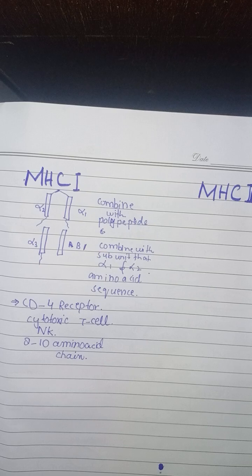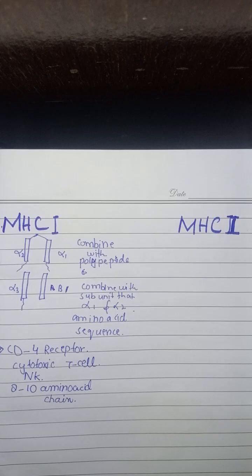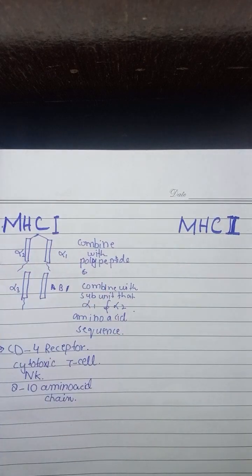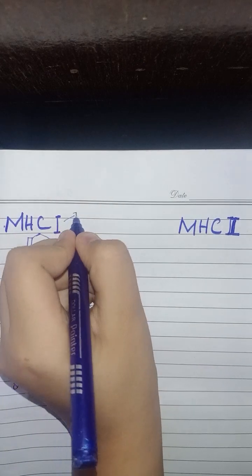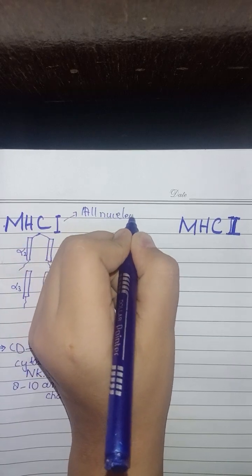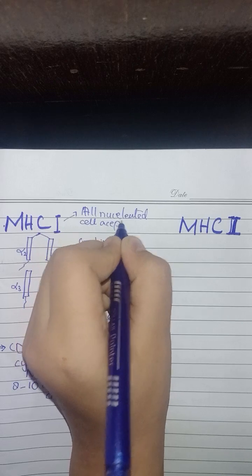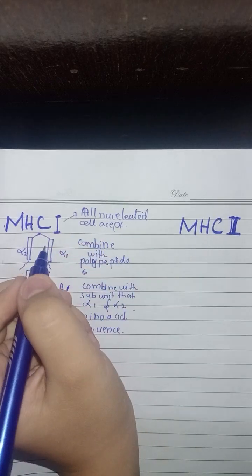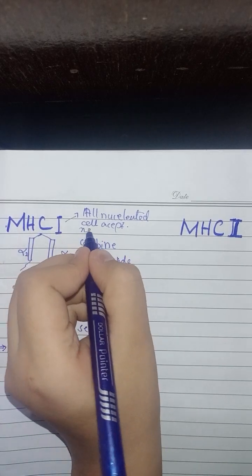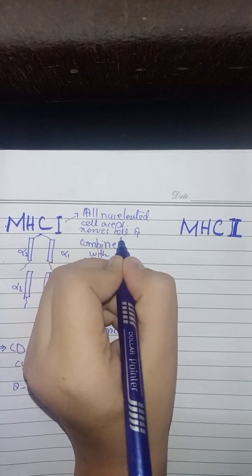Now let me tell you one more point. MHC1 is present in all nucleated cells, like here I am writing all nucleated cells except in the nerve cells and platelets.